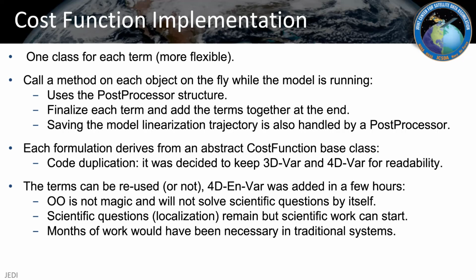At the end, the output of this post-processing step is passed back to each term of the cost function, and you can compute your cost function. Saving the linearization trajectory for a tangent linear and adjoint model, if you're doing 4D-Var, is also a post-processor that follows exactly the same structure, which is nice. So we have only one post-processor structure for everything.